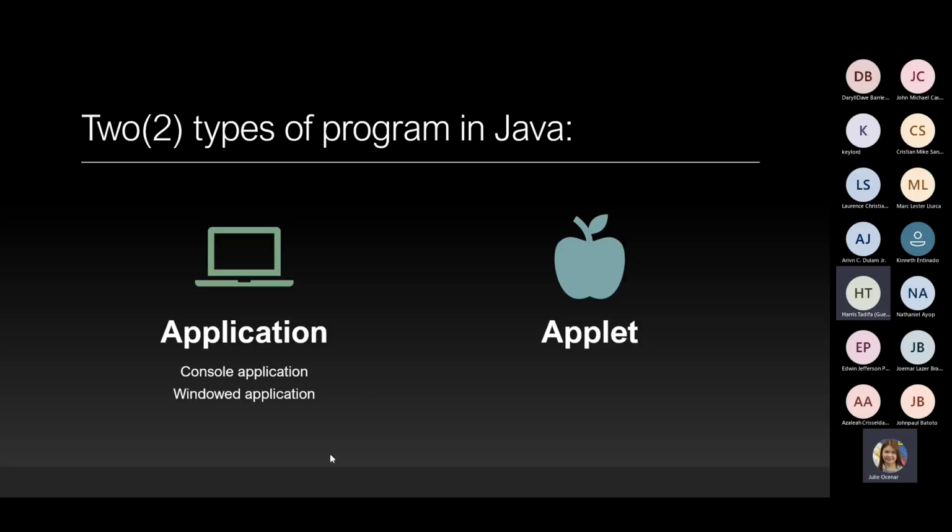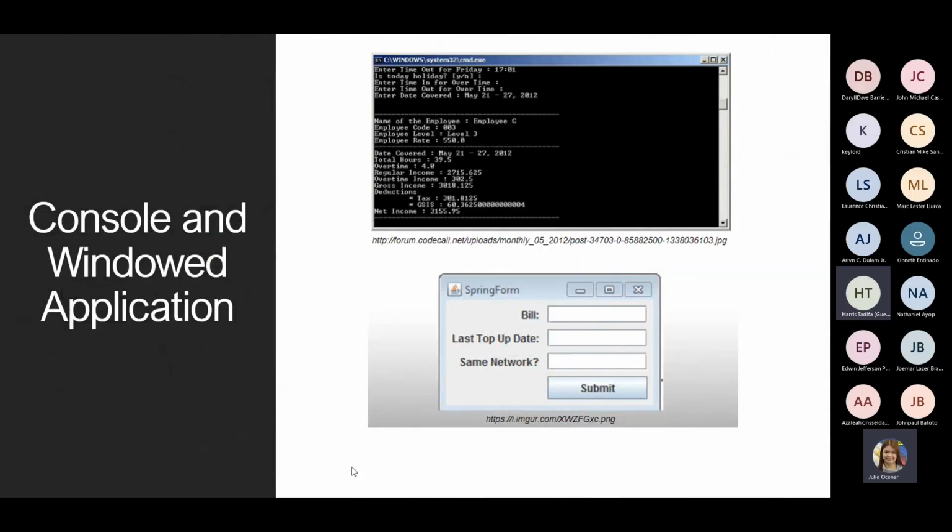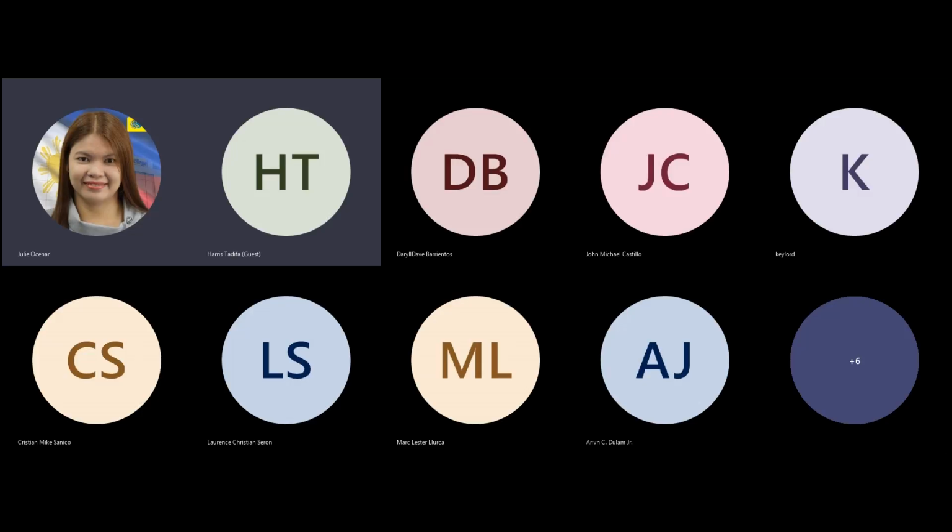And then, for example, na sinasabi natin kanina, a console and a windowed application. This one, etong sa taas, this is our console. So, pwede nating patatakbuhin yung program natin using our command prompt. Saan natin siya makikita? Wait lang, i-share ko yung aking screen.